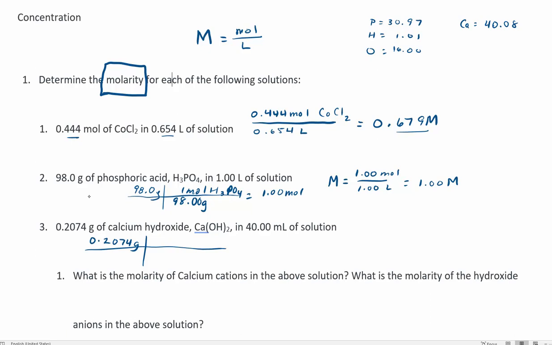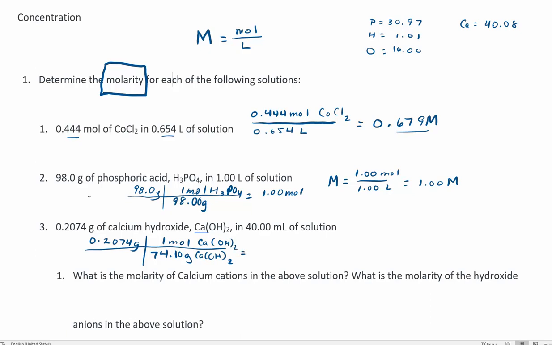Oxygen is still 16, hydrogen is still 1.01. This time we have 1 calcium, and a total of 2 oxygen and 2 hydrogen. So I get 74.10 grams of calcium hydroxide for every 1 mole of calcium hydroxide.